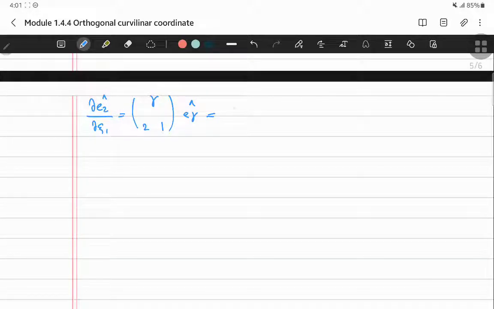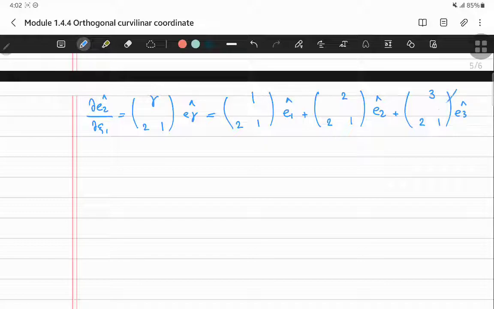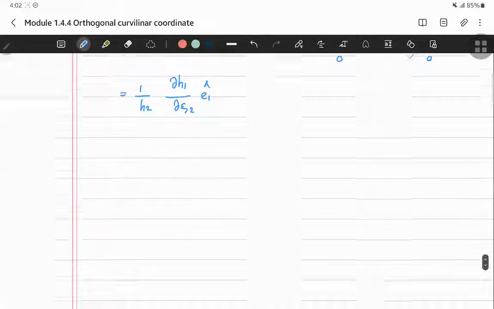So it is equal to Γ¹₂₁ e1 plus Γ²₂₁ e2 plus Γ³₂₁ e3. This is also 0. This is 0. So finally we have 1 over h squared, partial derivative of h1 with respect to z2, e1.